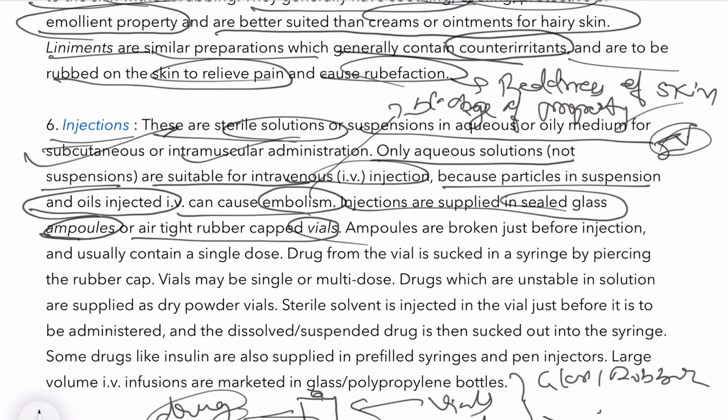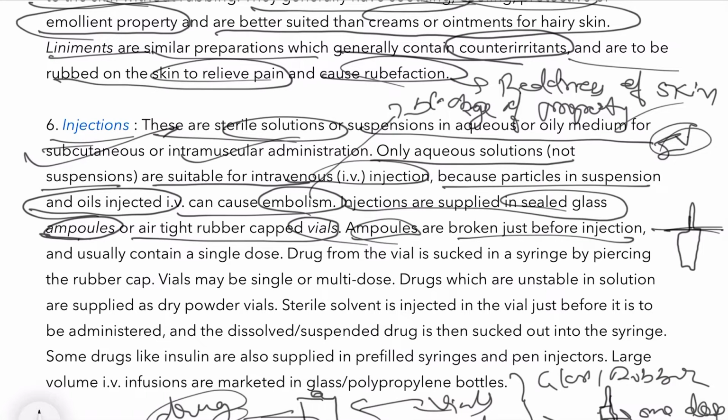And ampoules are shaped like this, in which only one dose can be stored, and which are smaller in size. Sometimes two injections are mixed via vials and ampoules, if you have seen. Ampoules of this shape are there. They are broken from here and given, and these vials are bigger in shape.